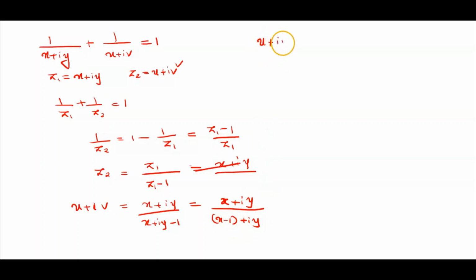Now we need to find this complex number in the form of a plus ib. So this is x plus iy divided by x minus 1 plus iy. Let's multiply by the conjugate of the denominator to get in the form of a plus ib.